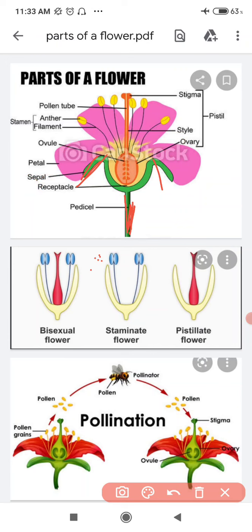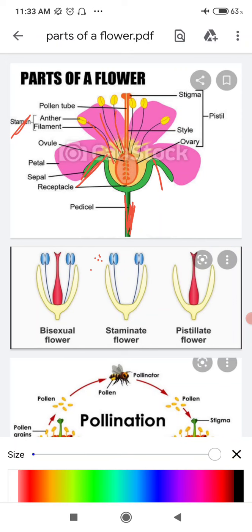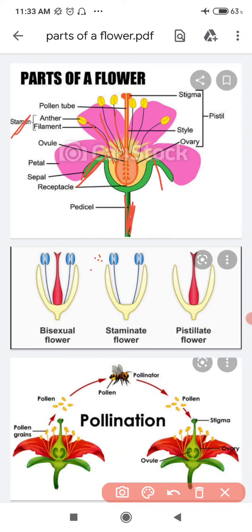Within the petals, there are long, thin, needle-like structures called stamen. See here, this part is stamen. These are the male part of the flower.